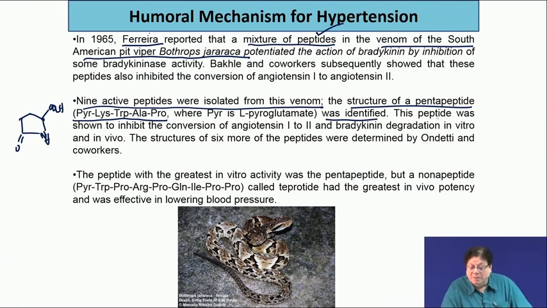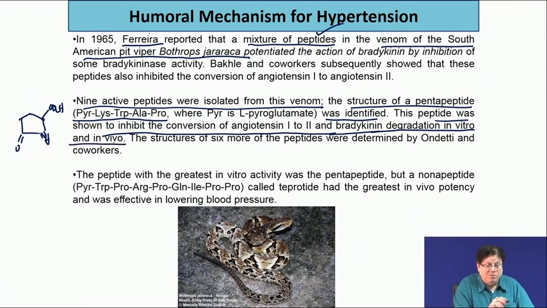The pentapeptide was shown to inhibit the conversion of angiotensin 1 to angiotensin 2 and bradykinin degradation in vitro and also in vivo. So, this was your starting point. The clue was obtained from the venom of this snake, and they isolated the peptides. 9 peptides were isolated, and out of these a pentapeptide whose sequence is shown here was found to be very good in inhibiting the conversion of angiotensin 1 to 2.